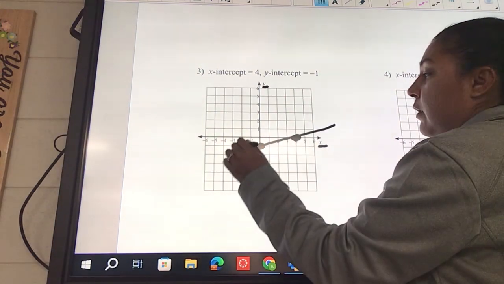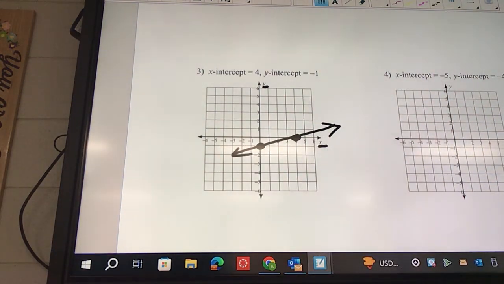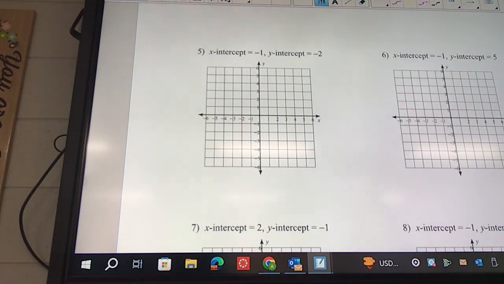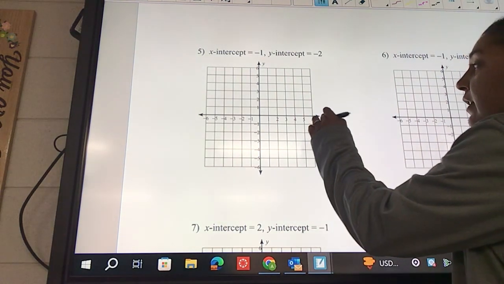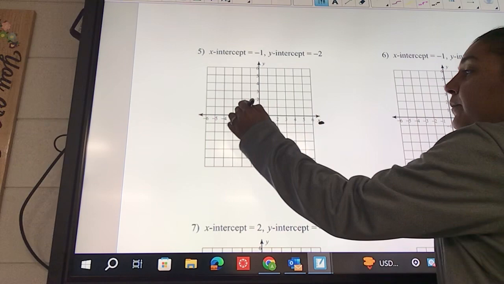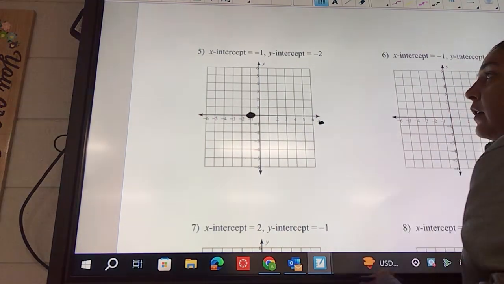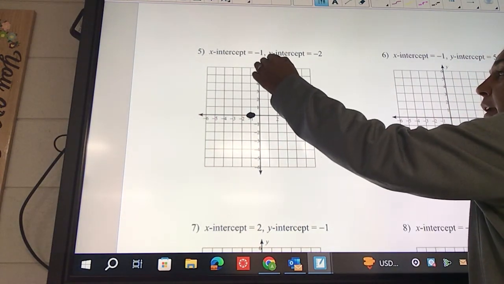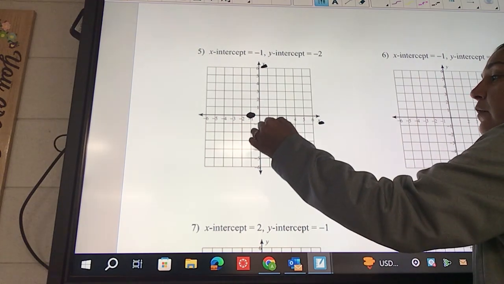And then we're going to draw a line through with 2 arrows on both ends. Number 5 is the same thing. We go to the x line and find -1, and then go to the y line, where my intercept is at -2.